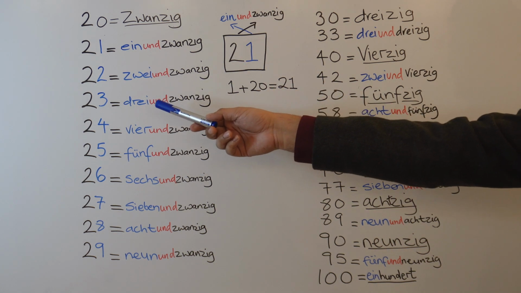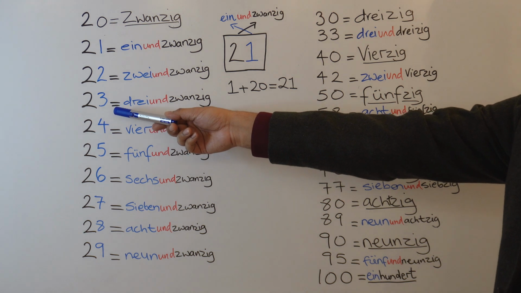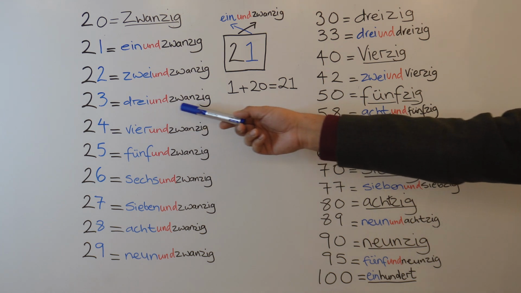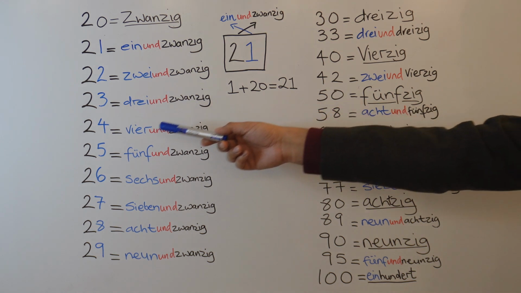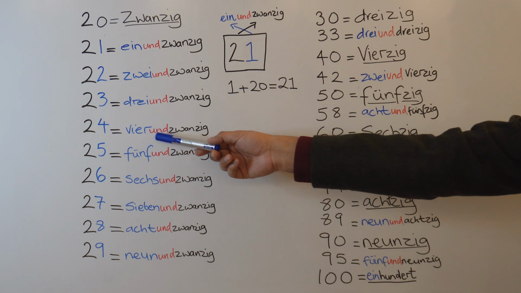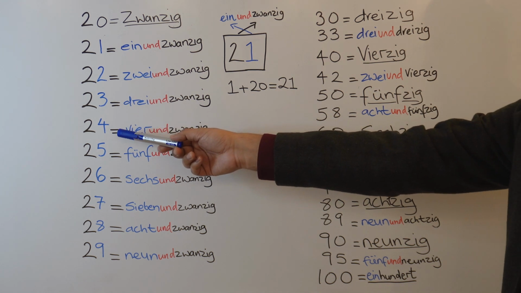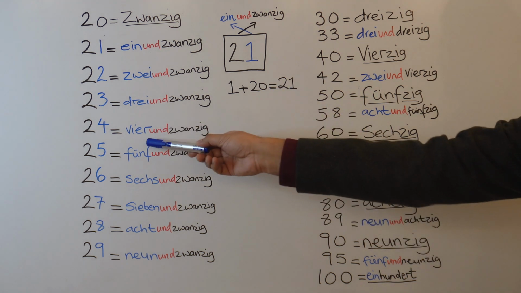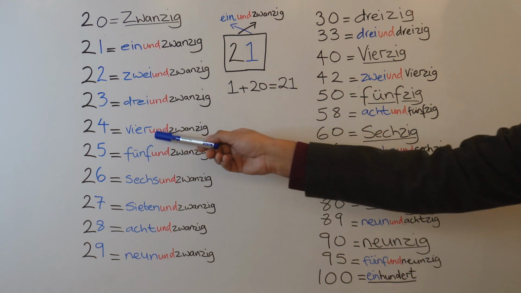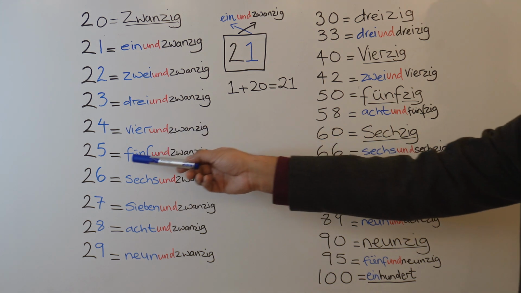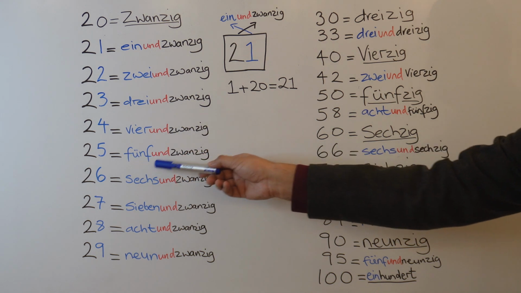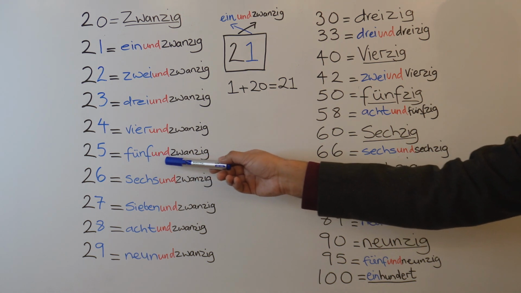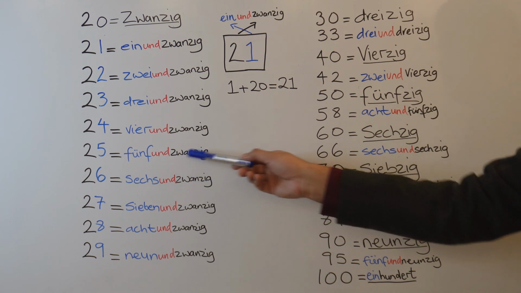So over here, once again, you will pronounce first of all the second number, that is 3, and then the rest, 23. And then 24. So you say 4 and 20, 24. The next one, 25, 5 and 20, 25.